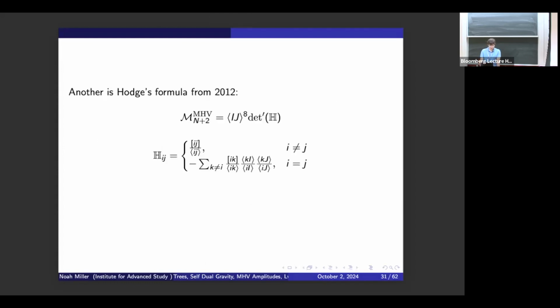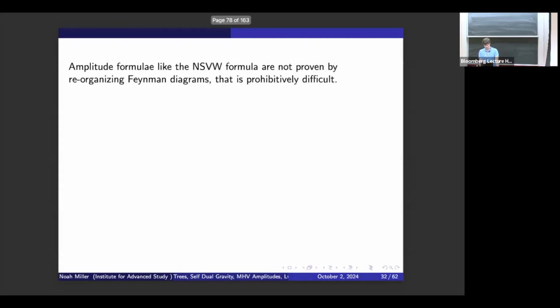Another very related formula is Hodge's formula, which you might be more familiar with, where you write the MHV amplitude as a kind of determinant of a matrix. And this is equivalent to the NSVW formula using the combinatorial matrix tree theorem, where the computation of the determinant-like object can be rewritten as a sum over trees.